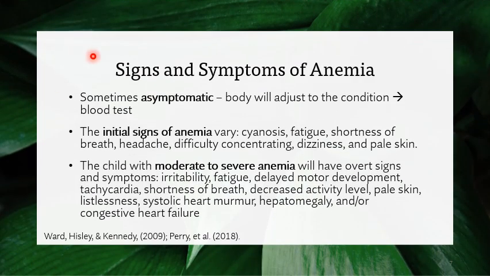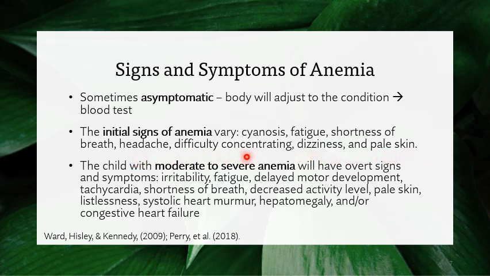Signs and symptoms of anemia: it is sometimes asymptomatic because the body will just adjust to the condition, but we need to run a blood test to see the hemoglobin and hematocrit levels, so we can judge whether they are lower than normal or not. The initial signs of anemia can be cyanosis, fatigue, shortness of breath, headache, difficulty concentrating, dizziness, and even pale skin.